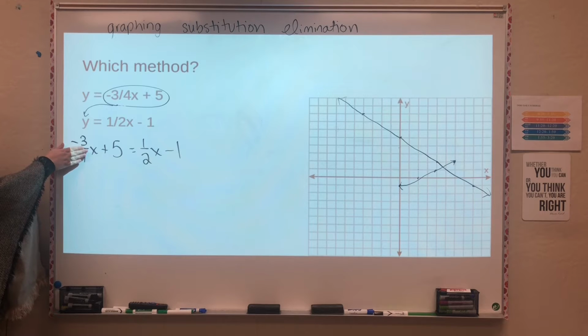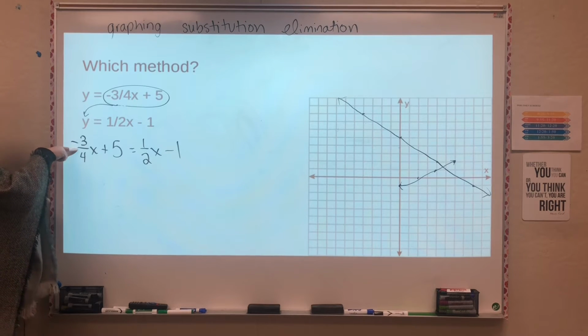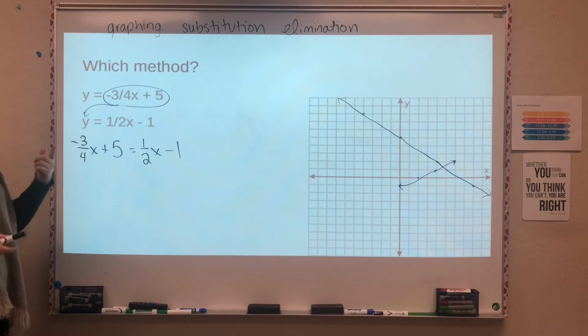That's what's making it a fraction. I read this part here as like 3/4, but you can also read it as 3 divided by 4. If we want to get rid of the divided by 4, we need to do the opposite, which is multiply by 4. Yeah.